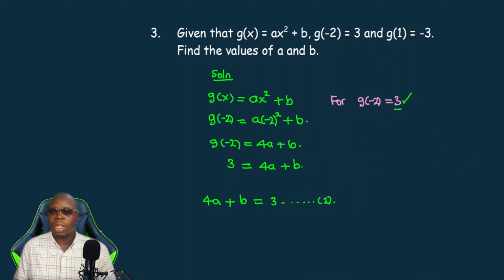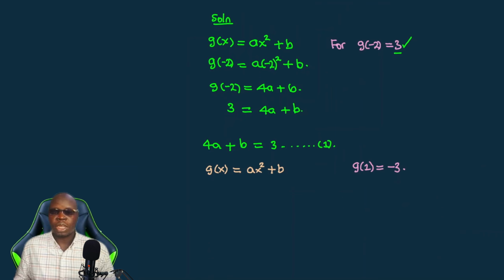And we know that in this second condition, we had the same function, and that is g of x is given by ax squared plus b. And we know our second condition is g of 1 should be negative 3. So let's push on and make our substitution here.